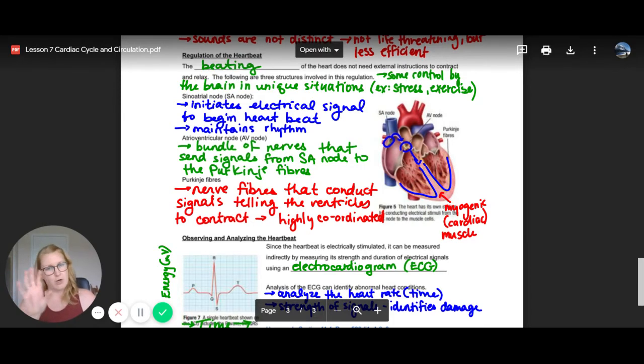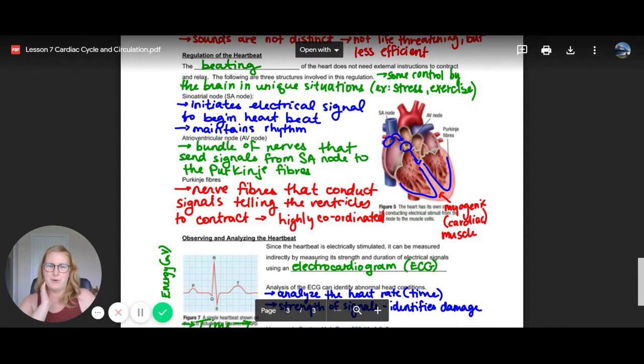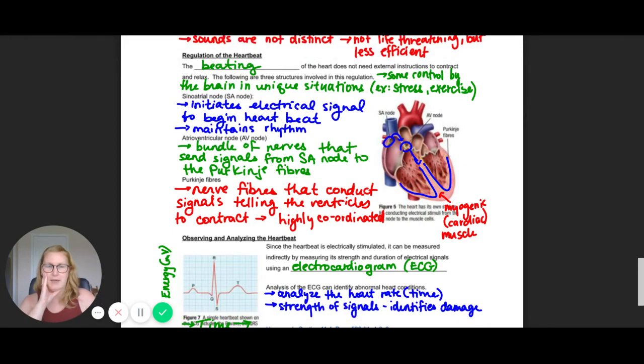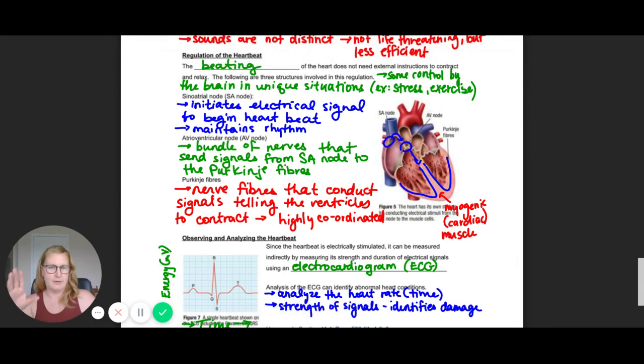We have a couple of structures that I couldn't show in the other diagram because there was a lot going on. The first is the sinoatrial node up in the top corner of the right atrium. The sinoatrial or SA node initiates the electrical signal to begin a heartbeat, and it's really responsible for maintaining a consistent rhythm in the heart. What I want you to notice on my diagram, I've put little arrows here. It starts at the sinoatrial node.